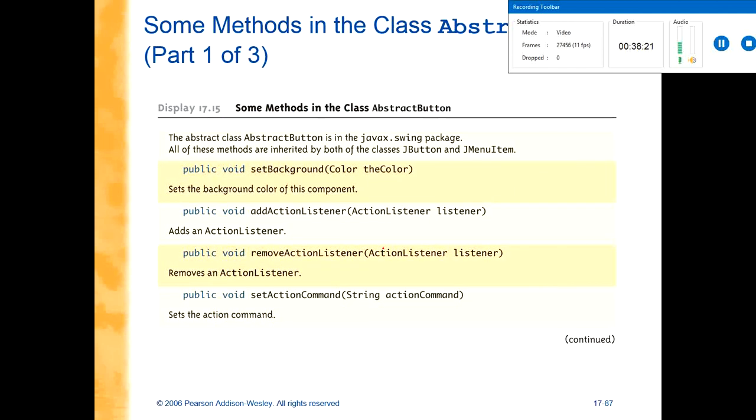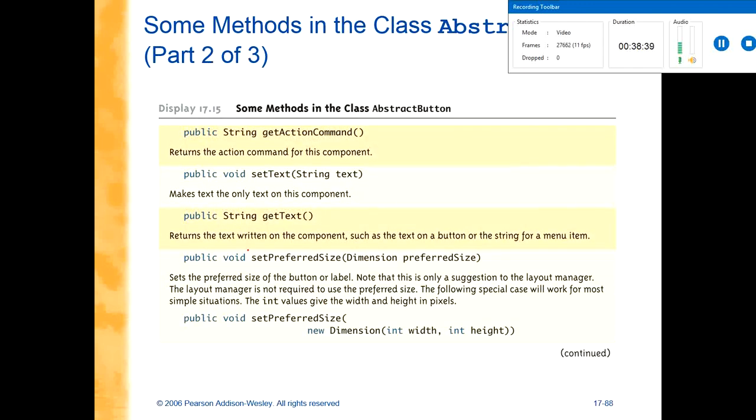Other methods of the abstract class are set background color, which uses the color as the parameter, add action listener, remove action listener if we want to remove it, and set action command. But normally, whatever methods we have used until now, we use it.